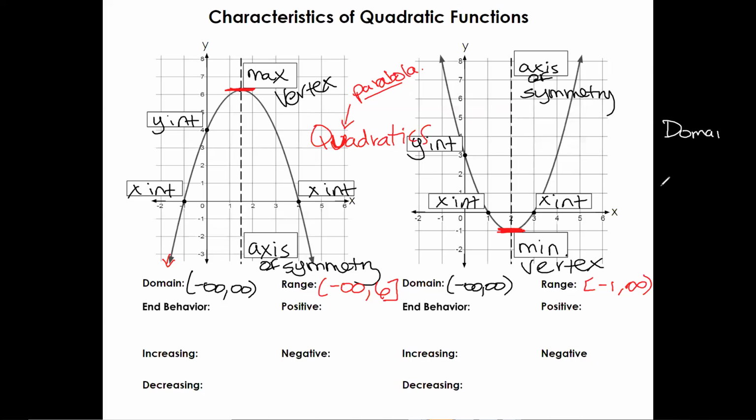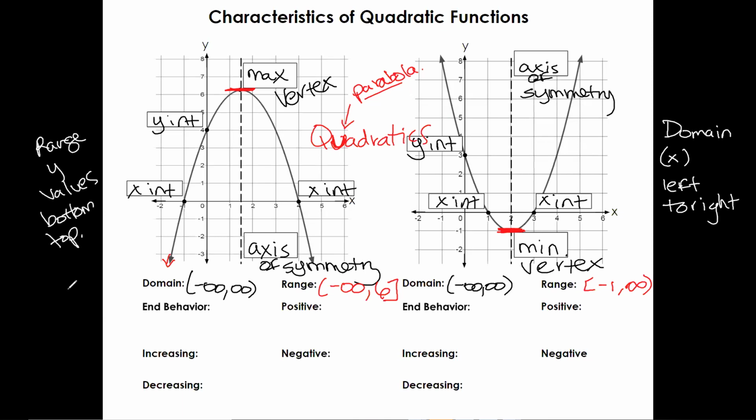Okay, so just as a reminder, domain is your x values, and that's where it goes left to right. And range is your y values that move from bottom to top.